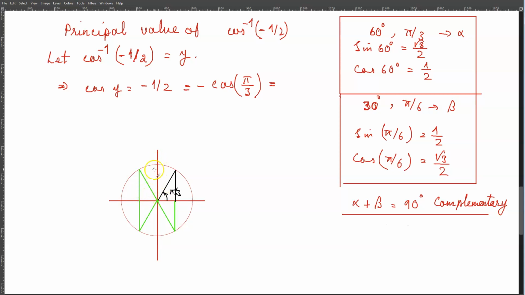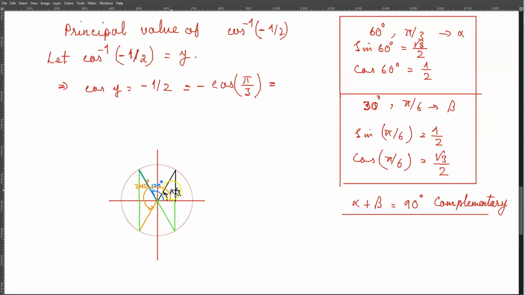So the angles that I can have are, first of all, this one, which is 90 plus 30, equal to 120 degrees, and there is also this angle, where this is 30 degrees, so this is 60 degrees. 180 plus 60 is equal to 240 degrees, right?